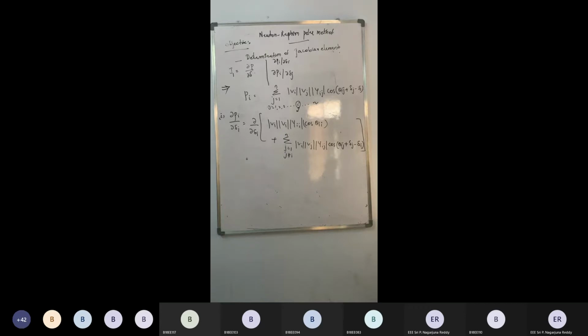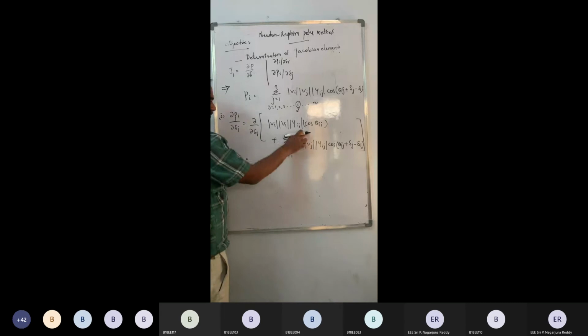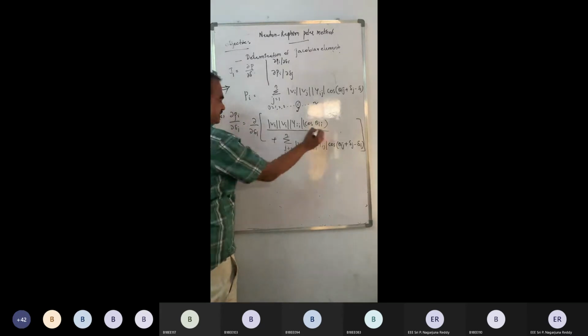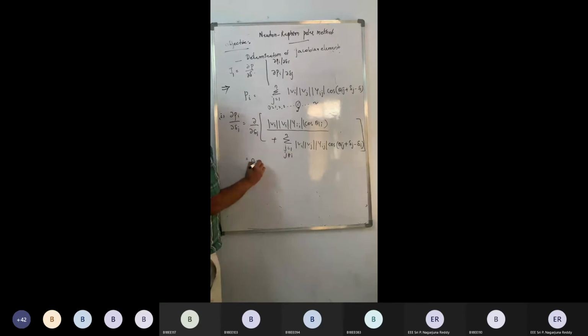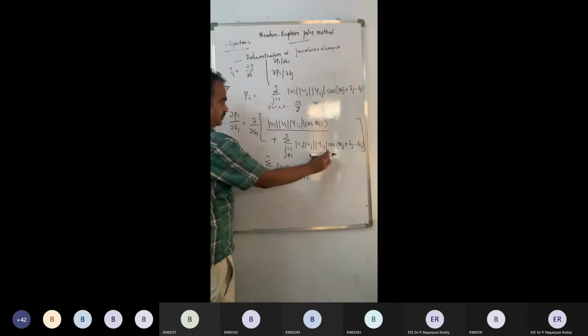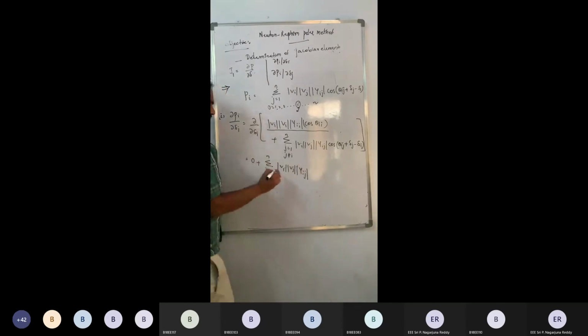Now I am going to derive it with respect to delta. If you derive it with respect to delta, what is the term which you will be getting here? Do you have any delta I here? No, 0. Here, this all remains constant term. Cos will become minus sine.